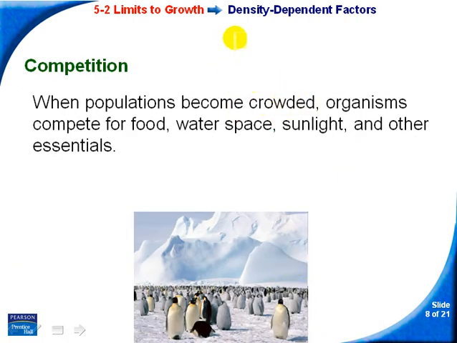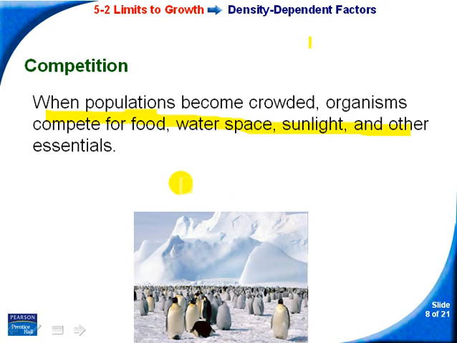So what is competition? Competition is when organisms are competing for things such as food, water, space, sunlight. Just like we talked on the last picture, we saw those trees competing for sunlight.